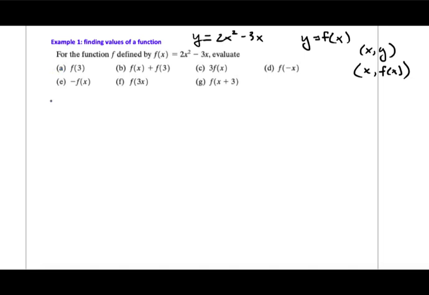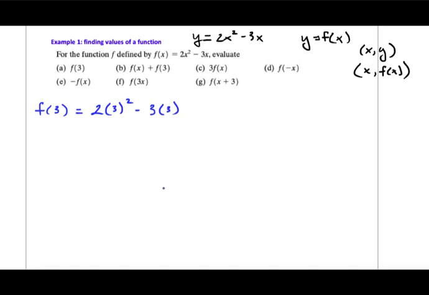So we want to evaluate f of 3. All we do is substitute in; everywhere we see x, we substitute in 3. So f of 3 is equal to 2 times 3 squared minus 3 times 3.